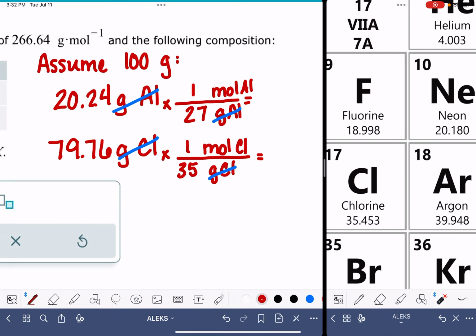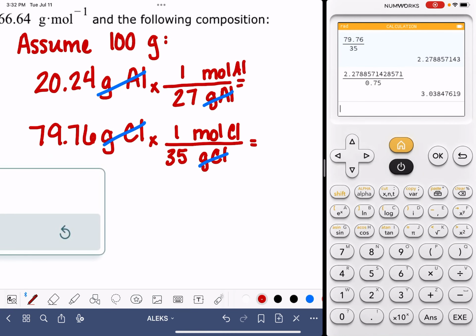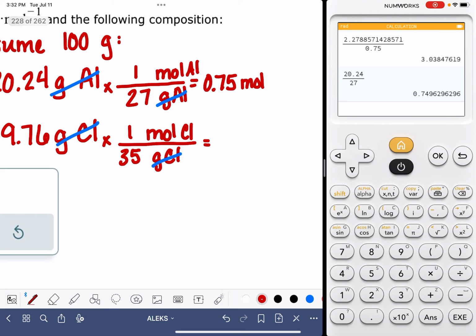So let's get our calculator and we'll work the math out. For the top one, 20.24 divided by 27 is about 0.75 moles of aluminum.